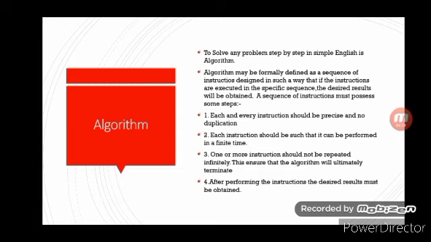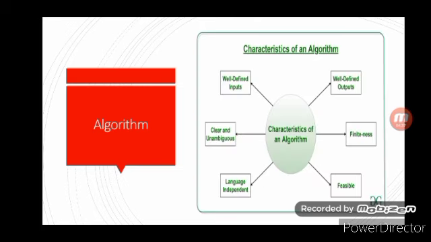After performing the instructions, the desired result must be obtained. After performing all these steps in our algorithm, we get the results. Is this clear? Now come to another point. These are the characteristics or the importance of an algorithm.